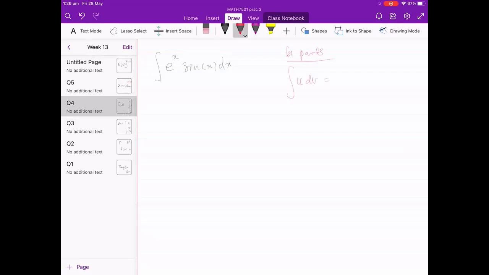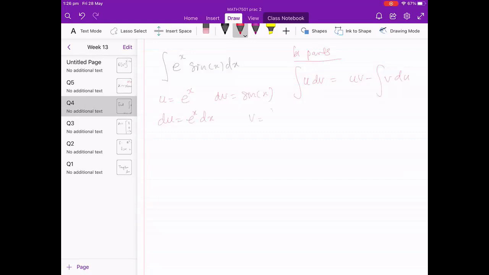Integral of u dv is equal to uv minus integral of v du, all right? So we can say in this case, u equals x, so du is equal to dx, and v is the integral of sin x dx.